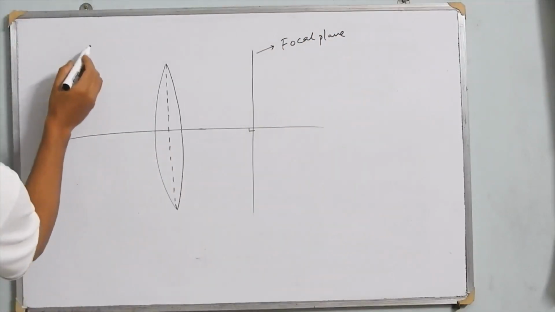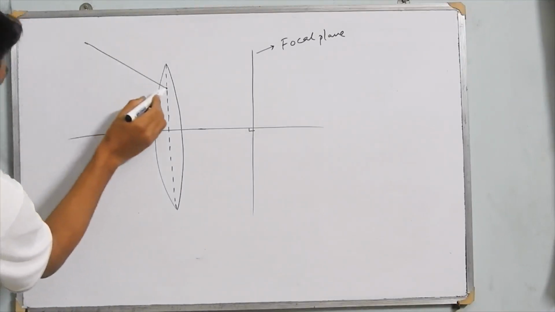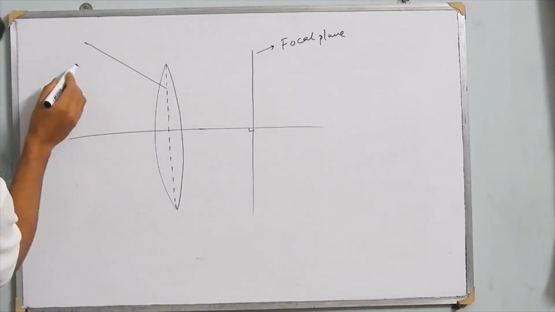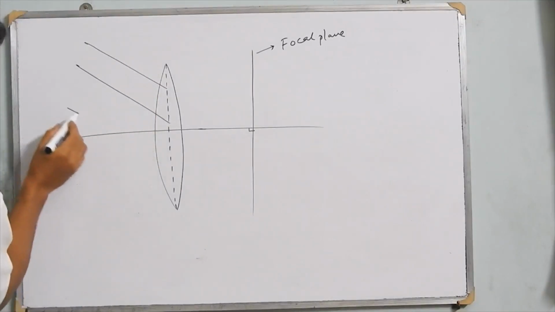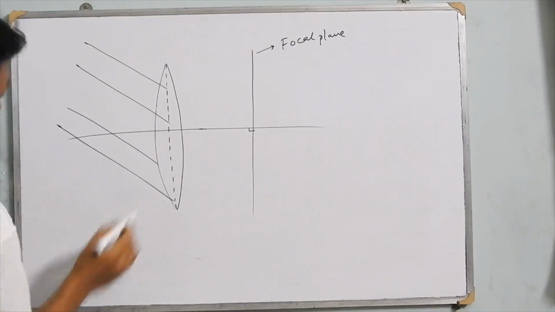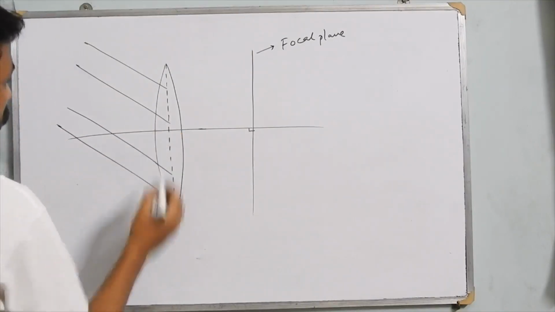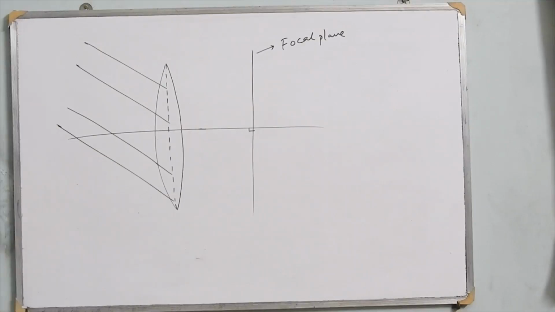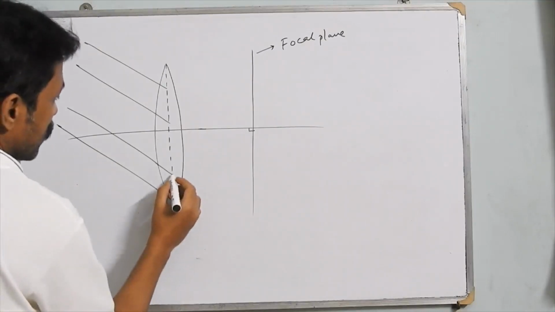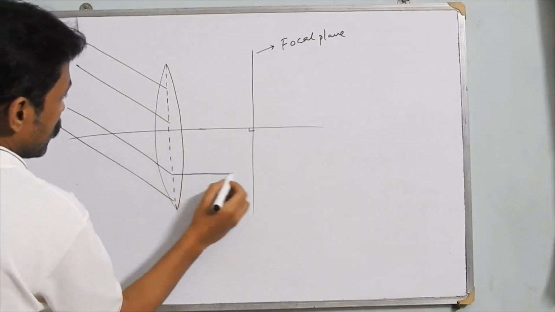Let me consider some rays which are parallel to each other but not parallel to the principal axis. So these rays, after refraction, will meet at some point. Suppose this meets here.